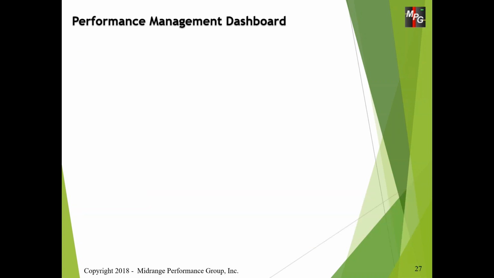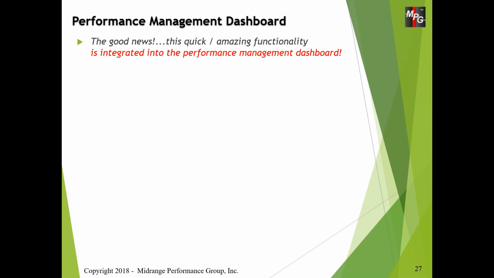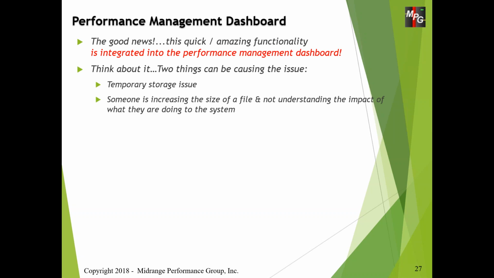Well, the good news for you guys is that this architecture is built right into the dashboard. So think about it. There are 2 things that can cause that phenomenon to happen. Either there's a temp storage issue, or someone's increasing the size of a file on the box and not understanding the impact on the system.